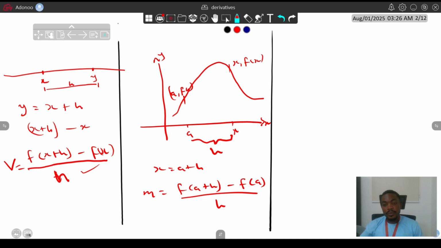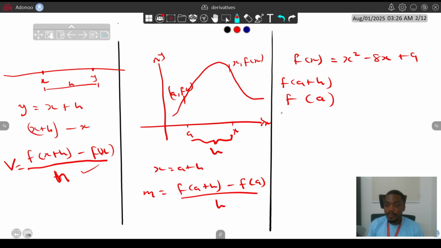Okay? So now, remembering that statement, that to find the derivative simply means to find the slope of the curve, let's consider this simple equation. Say we have the function f of x equals x squared minus 8x plus 9. Using the gradient formula, we have to find f of a plus h, and then f of a.